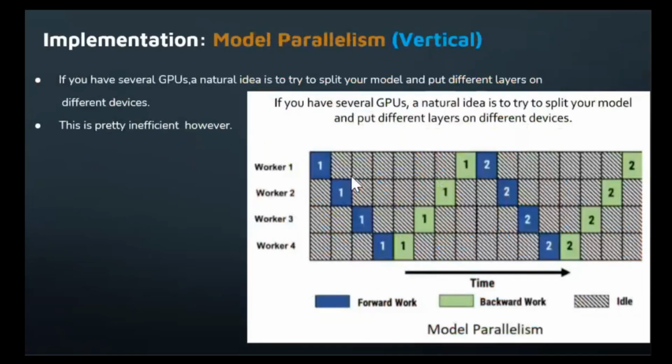Then we have model parallelism. If you have got several GPUs and you are splitting the model, sounds tempting, right? But surprisingly, it is not that effective and efficient after all. In this phase, where we are performing model parallelism, the model is divided into a smaller number of layers, and each layer is assigned to a different GPU.